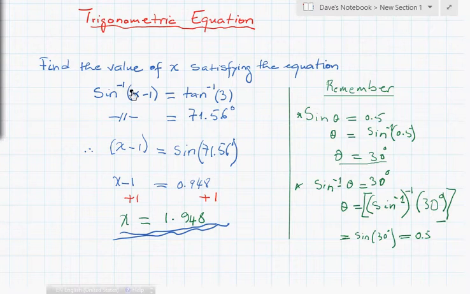That's the process we use here: if you have sine to the power of minus 1 of (x minus 1) equals 71.56, we inverse here because we want to isolate x minus 1 and find x at the end.